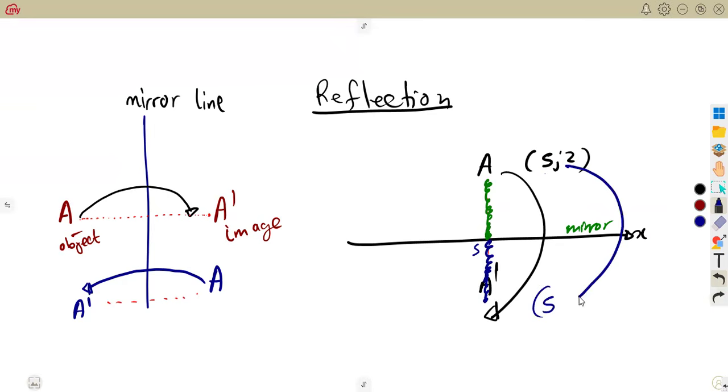It is the y value that changes, because it moved the same distance. So if it was a positive 2 on top, we are going to move the same distance going down. So it is going to be what? A negative 2 going down. So what is it that happened? The x did not change. It is y which changed from a positive to a negative. Positive to negative.